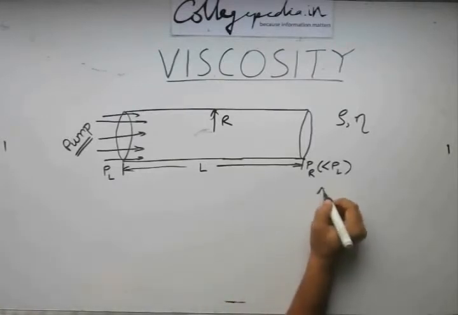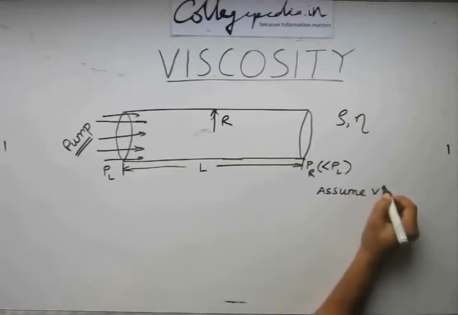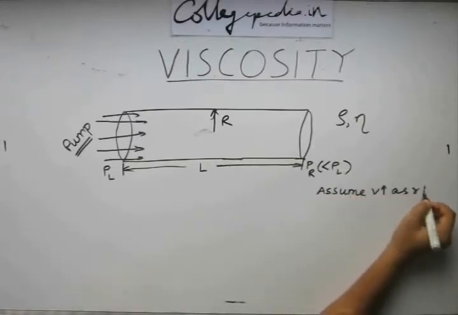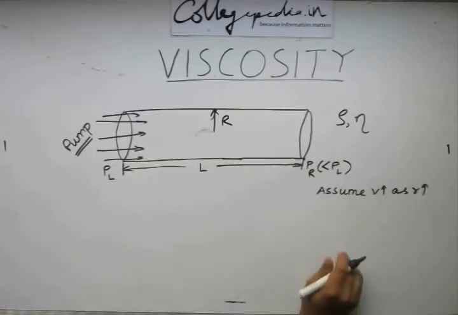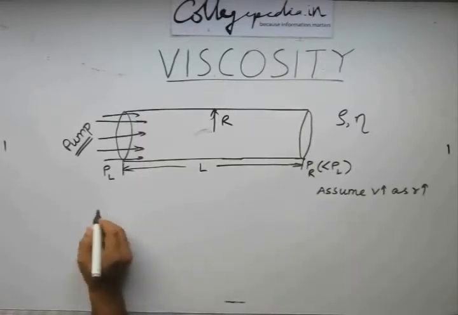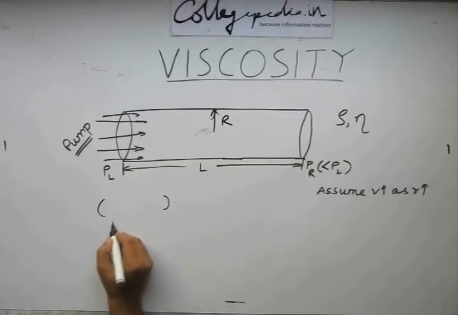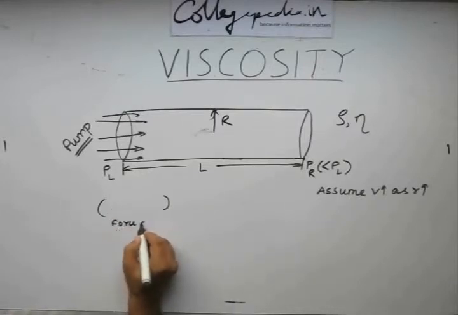Let us also assume, like before, v increasing as r increases. Because of this, we will be having something of this sort. Say this is the force due to pressure.